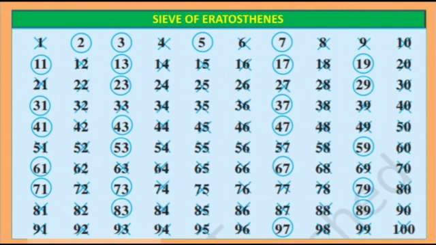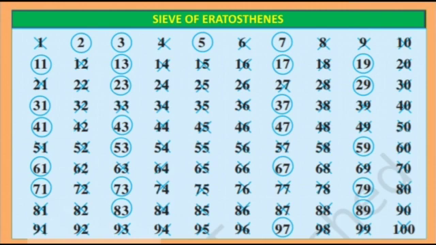The next uncrossed number is 5. Encircle 5 and cross out every multiple of 5 other than 5 itself. Ignore the previously crossed out numbers like 10, 15, 20, etc. Continue this process till every number in the list is encircled or crossed out.